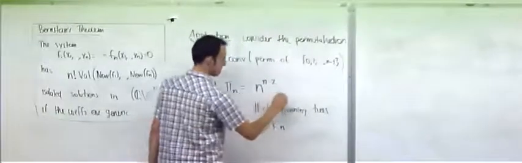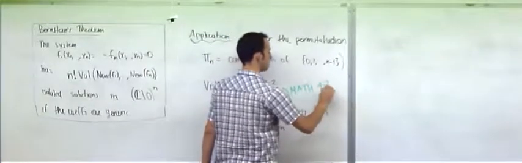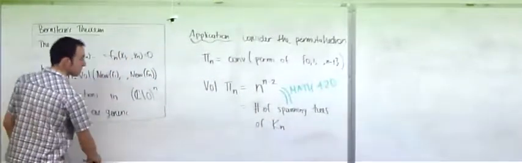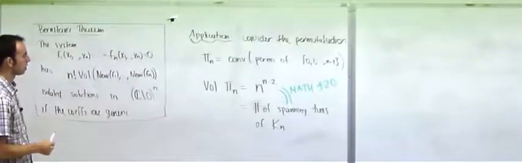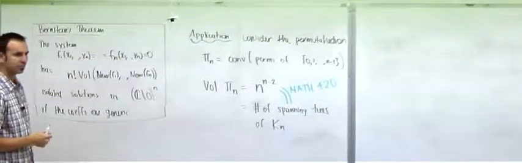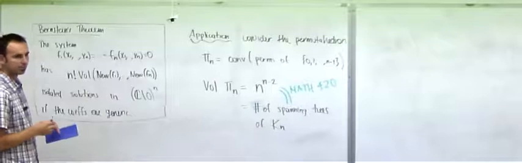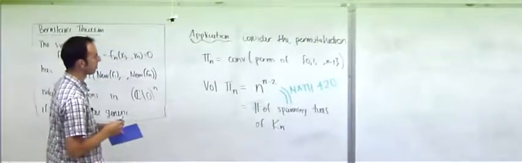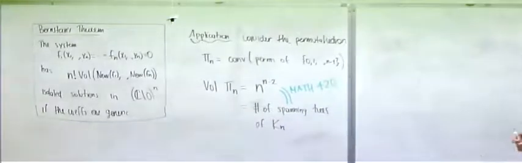And this equality, by the way, is not at all trivial. This is a beautiful equality, and you will see a proof in Math 420 next semester. But what I want to show to you is why this formula is true for the volume of the permutahedron. Okay.